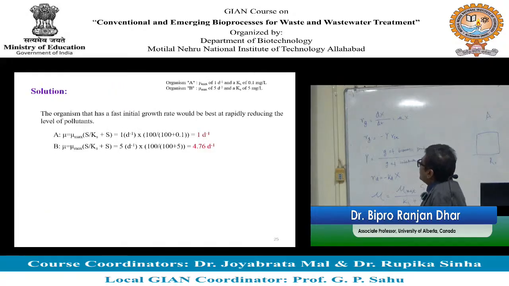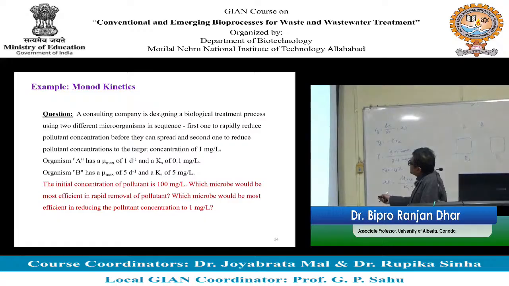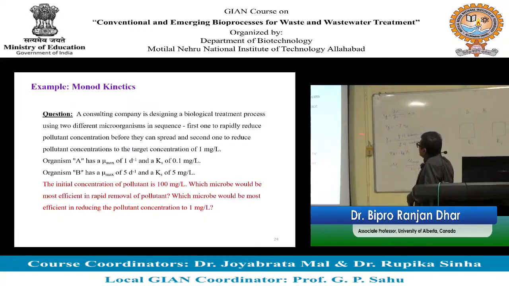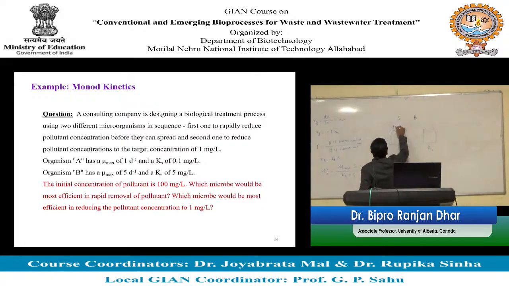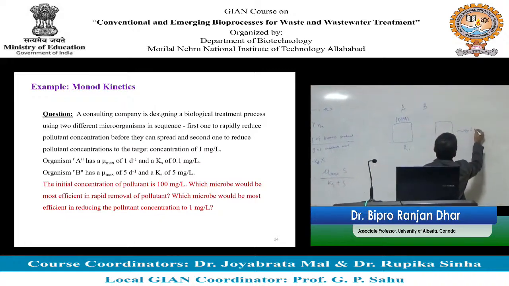First we start with 100 milligram per liter. If you read the question, the initial concentration is 100 milligram per liter, so that is the starting point, and here we want to achieve 1 milligram per liter.